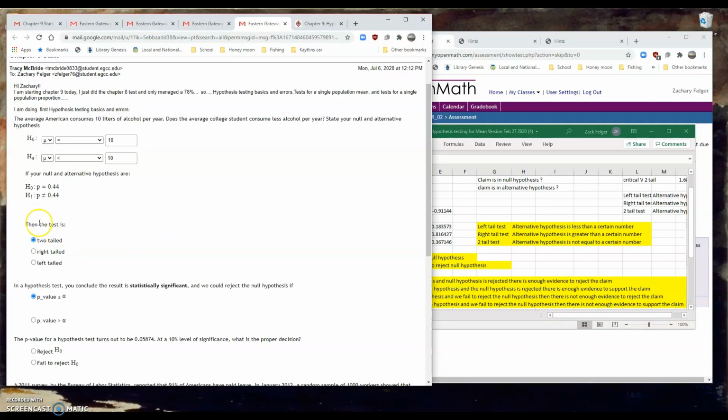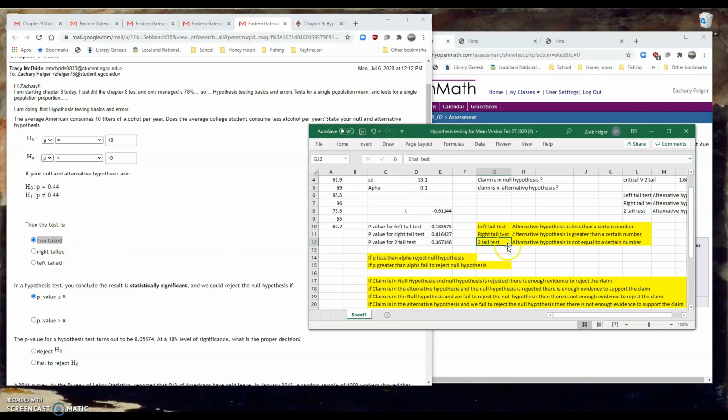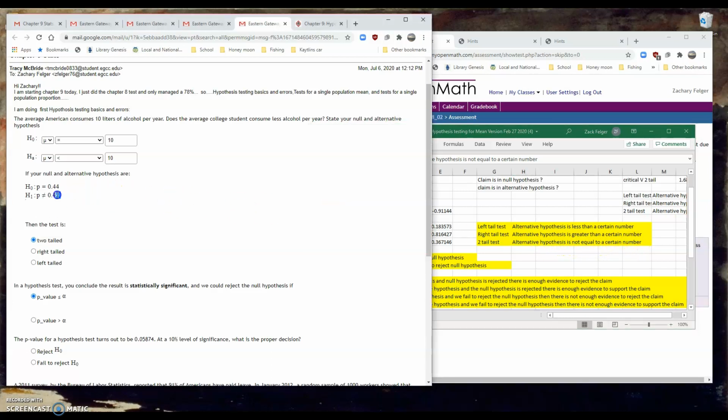Well, in this case right here, if your null hypothesis is P is equal to 0.44, and the alternative is P is not equal to 0.44, then in that instance, it's a two-tail test, because again, in a two-tail test, the alternative hypothesis is not equal to a certain number, and in this case, H1 is the alternative, and P is not equal to 0.44.